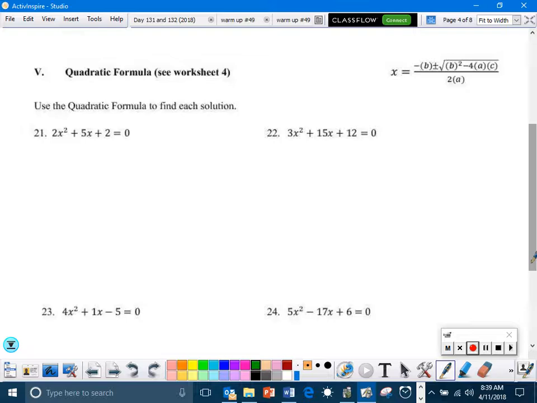All right, let's go to the quadratic formula. You do not have to have it memorized, but you do need to know how to plug the numbers in and solve. All right, so first thing is you should label your letters.